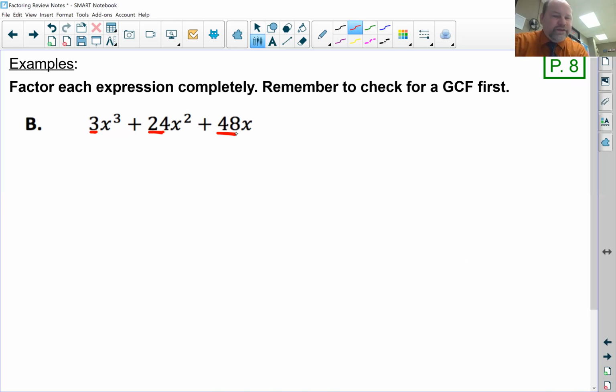They are all evenly divisible by 3. And then I also look, I have x cubed, x squared, and x. So remember that the smallest exponent on x, if I have x's in all 3 terms, becomes part of the greatest common factor.